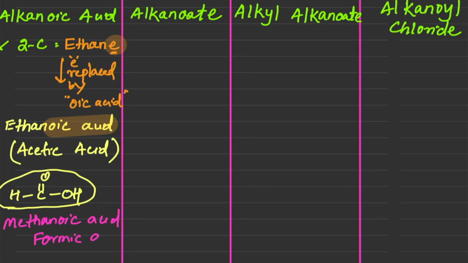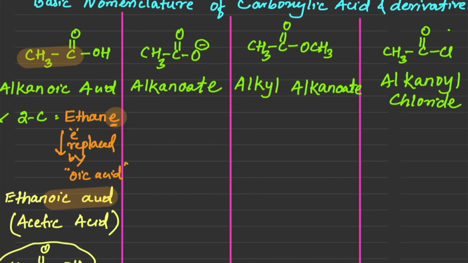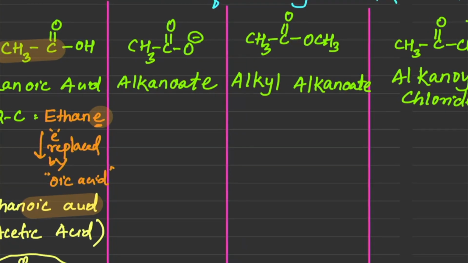Formic acid is found in ants. When an ant bites you, you get that burning sensation. That's because of the formic acid.